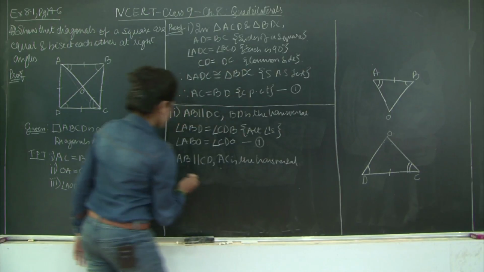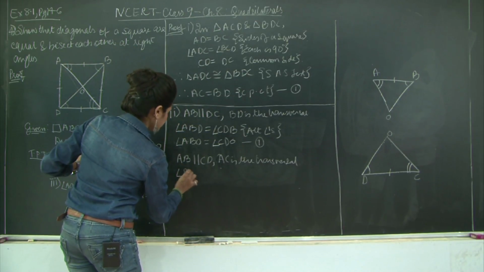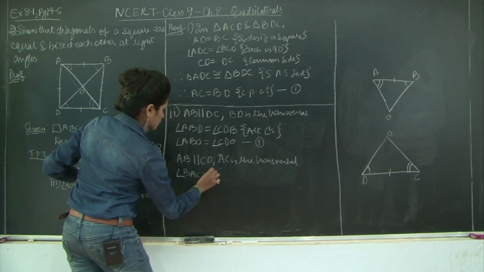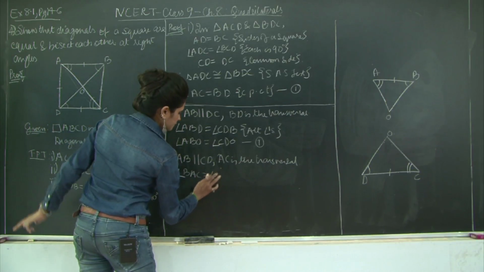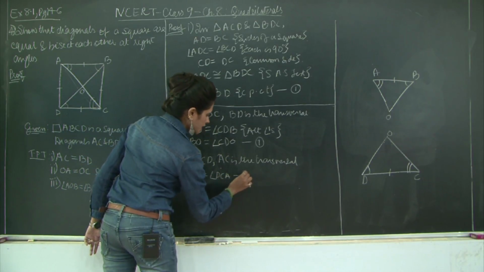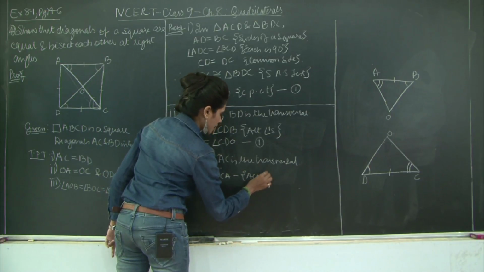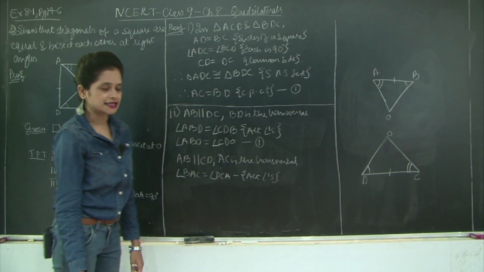So, what am I going to say? Which are my two congruent equal angles? I have angle BAC is equal to angle DCA. Why? Because they are a pair of alternate interior angles for parallel lines AB, CD and the transversal AC.